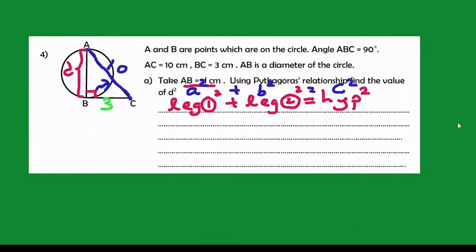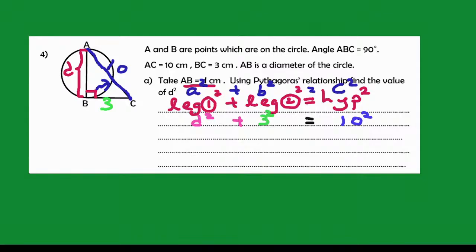All right, let's plug in the values now. So what is the length of the hypotenuse? We have been told the blue color side, that is 10. So put 10 squared. And what's leg 1? That is not known to us. That doesn't have a number, but a letter is there. That is d centimeters. So d squared plus, what's leg 2? That is 3, so 3 squared.